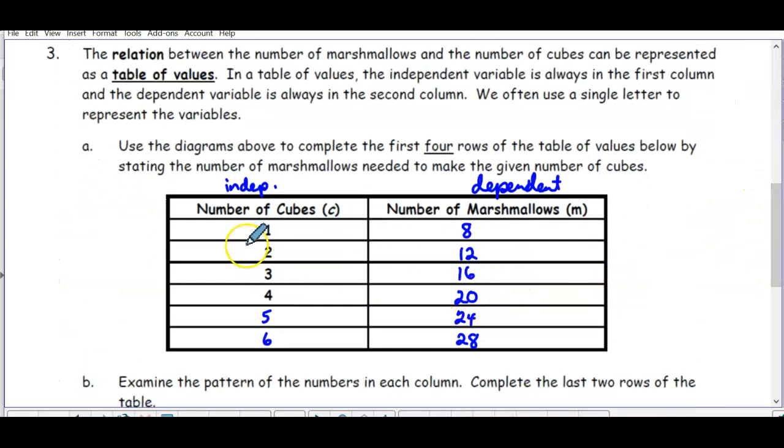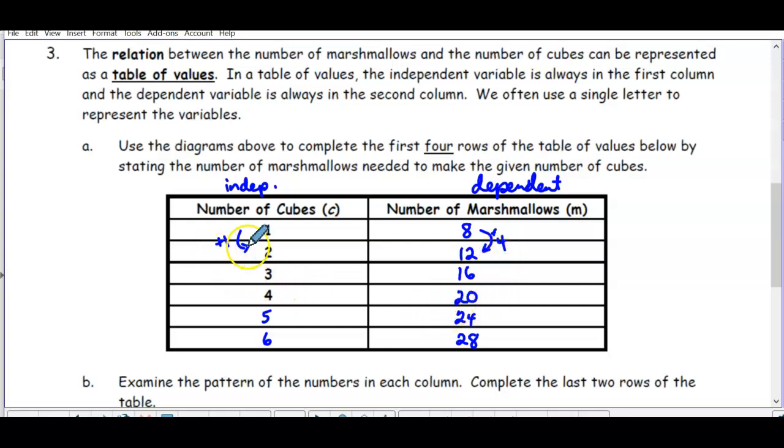Okay, so what I always say is take a look here. If these are increasing by 1, this is increasing by 4, right? So for every 1 increase in C, this is increasing by 4.